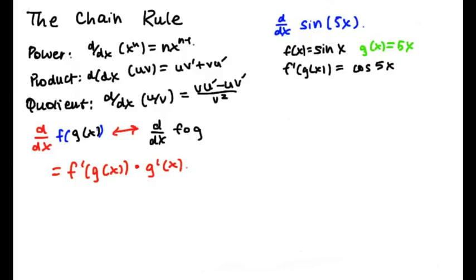Well, what's g prime of x? Well, g prime of x is just 5, right? Because the derivative of 5x is 5 using the power rule. So now we just have to multiply these two together to get 5 cosine of 5x. And that's our derivative.